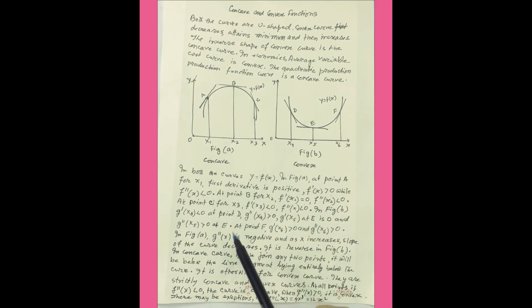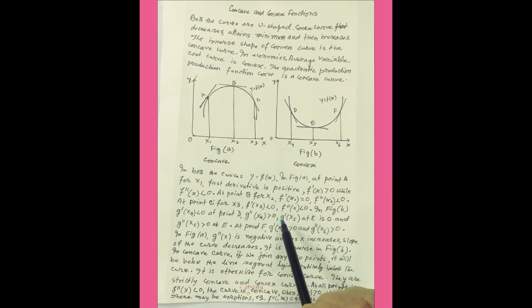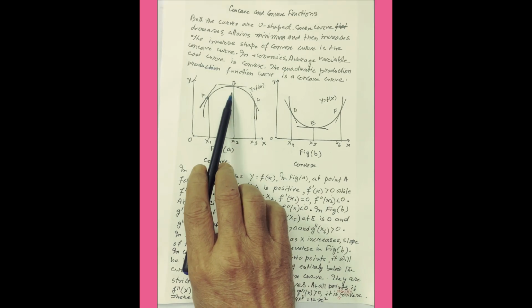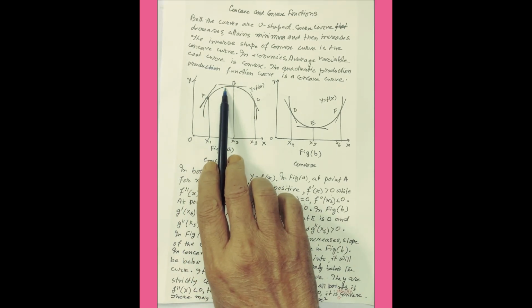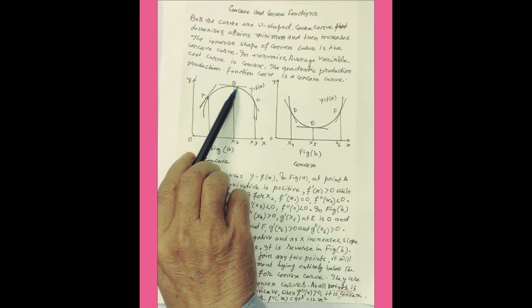At point C for x3, again the first derivative is negative. It is declining, because it is declining throughout. Here it increased at a decreasing rate, but here it is declining.